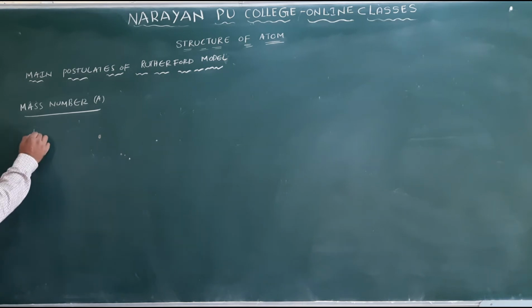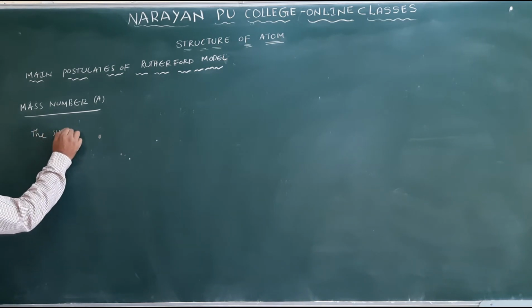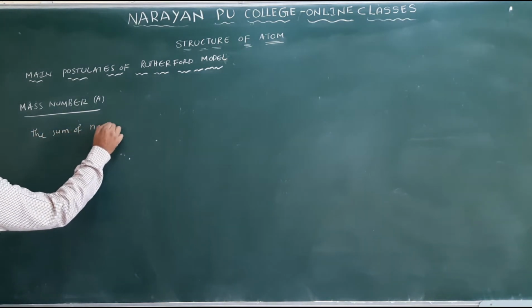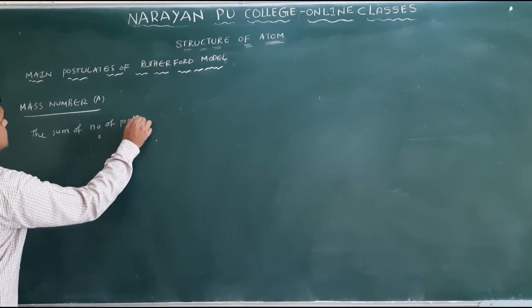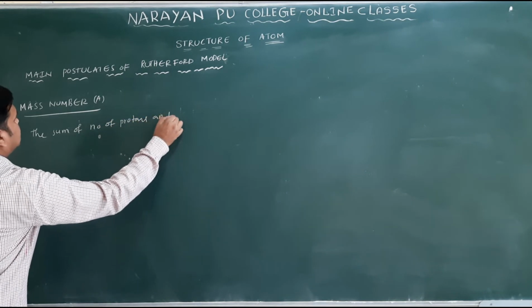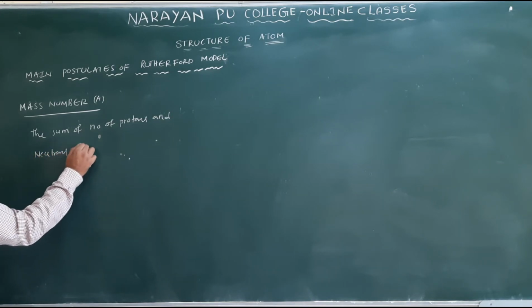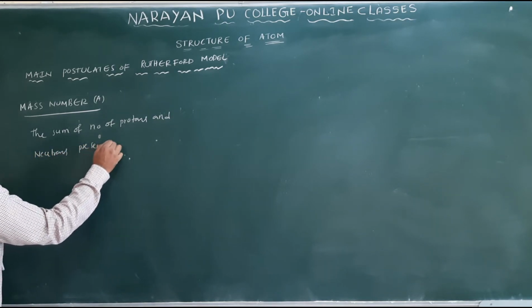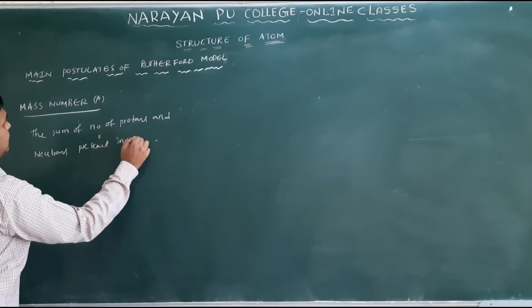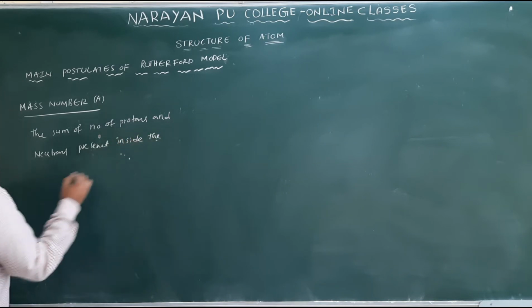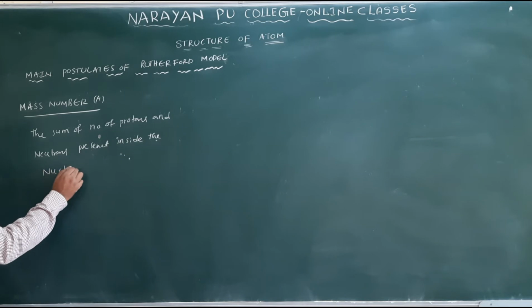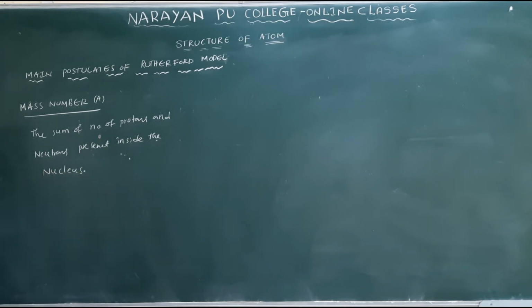What is the mass number? The sum of the number of protons and neutrons present inside the nucleus is called the mass number.